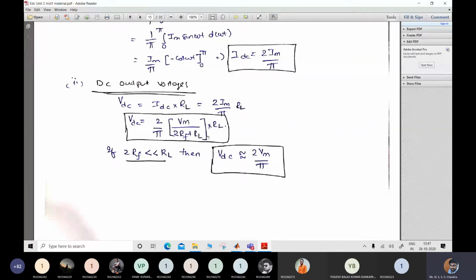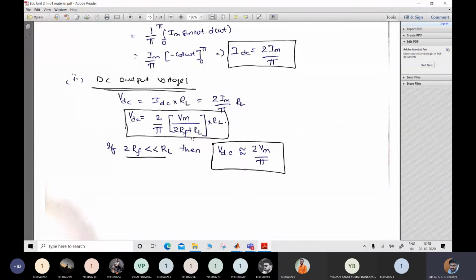It will become transformer resistance plus twice the resistance of the diode plus load resistance. However, in this analysis I have considered the transformer resistance as 0, that's why you're not seeing that RT. Otherwise, even that should be included.